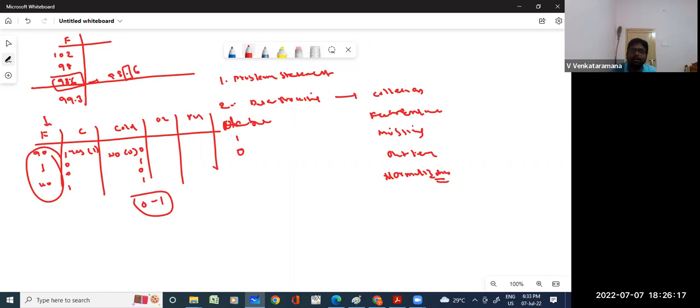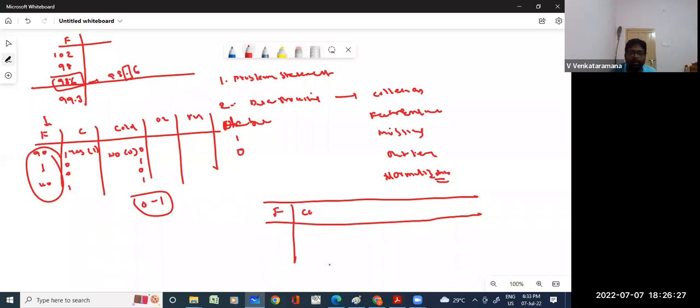Once all these processes are done, your data may finally consist of fever, cough, cold, O2, blood pulse rate, and your label column. And here there may be an index or sample number.